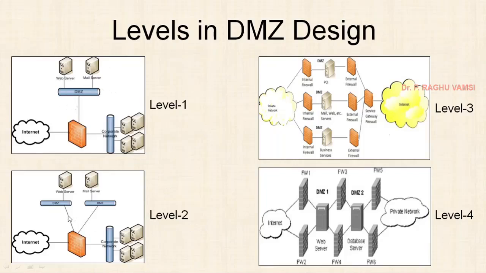In case of level 2, 2 different switches are placed for the web server and mail server. That means instead of placing one switch and attaching the 2 servers to it, one server is attached to one DMZ switch, and the other to another DMZ switch. Why it is costly is that you are supposed to purchase these DMZ switches, which are complex and costly.